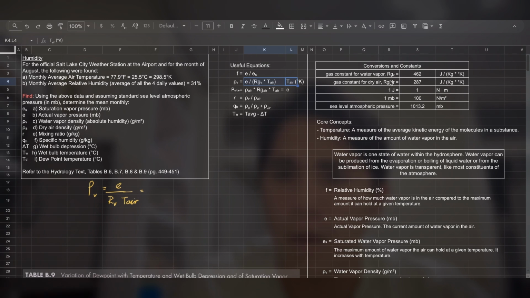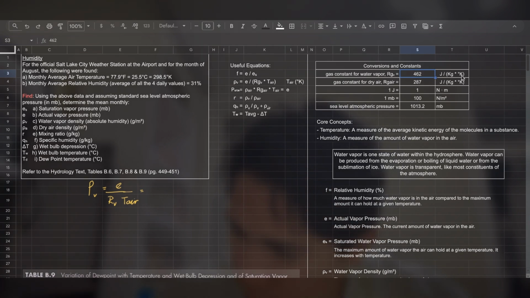RV is the gas constant for water vapor, and it is 462 joules per kilogram times degrees Kelvin. So the way we're going to solve this is, for this equation, E we have solved, that is 10.13 millibars.